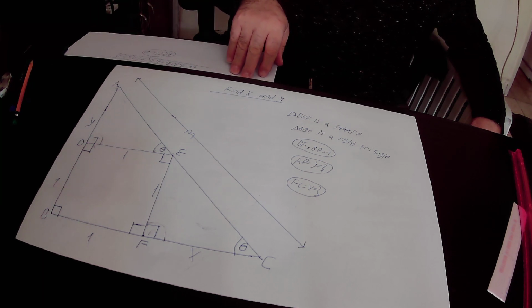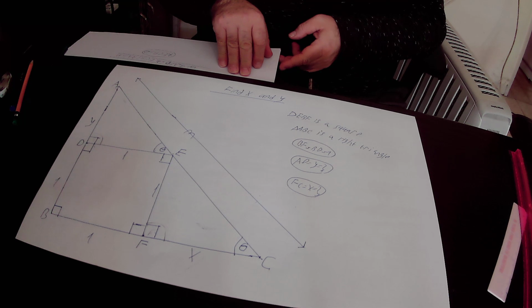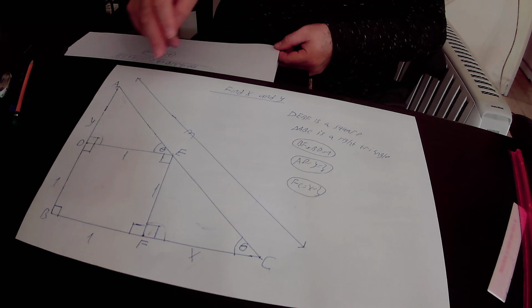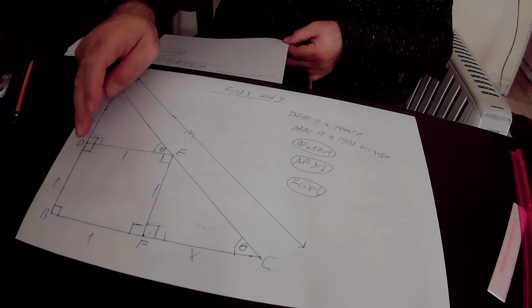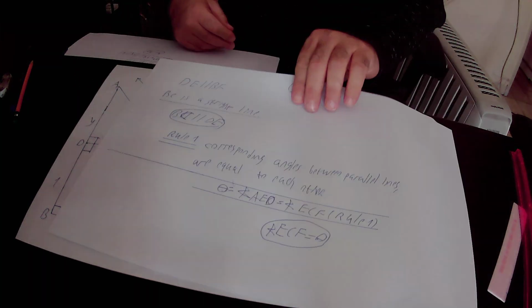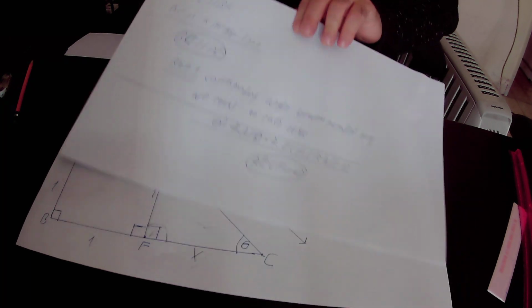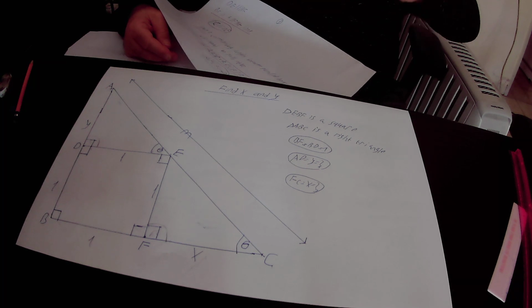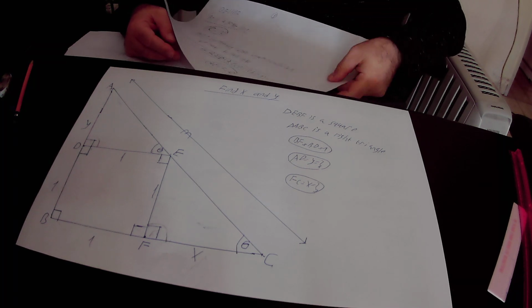First of all, we know that the opposite sides of a square are parallel to each other. That is to say, DE is parallel to BF. We know that DE is parallel to BF, and BC is one side of the right triangle ABC, therefore it is absolutely a straight line.